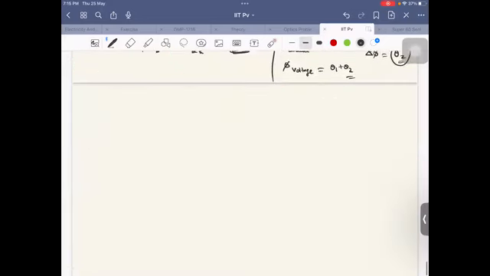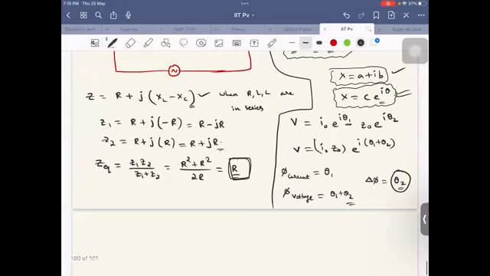Power factor angle also you can write this way. So power factor angle is written as simply tan phi equal to imaginary part by real part, where phi is that angle.